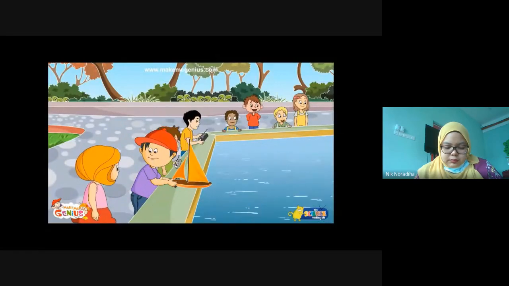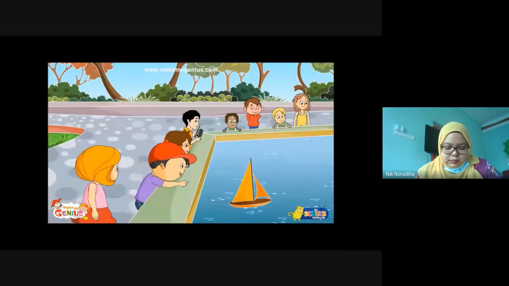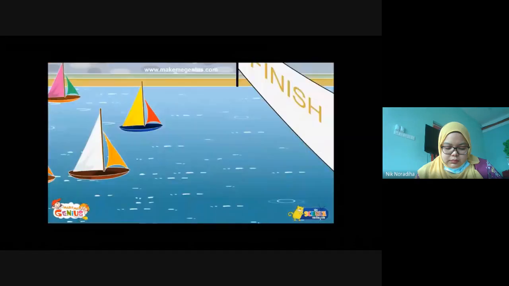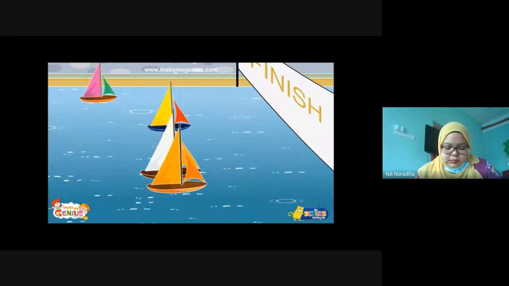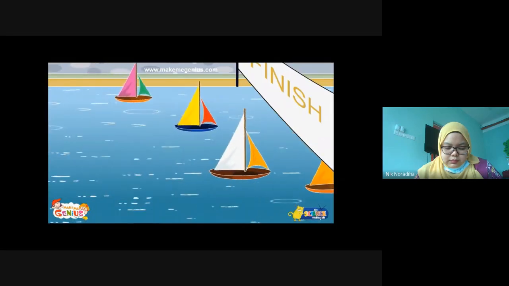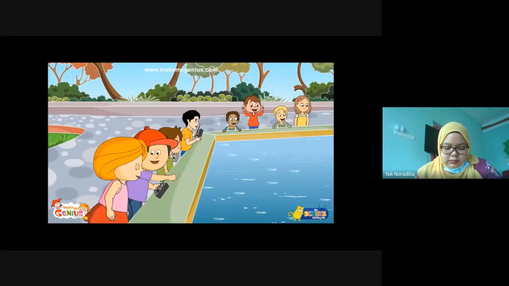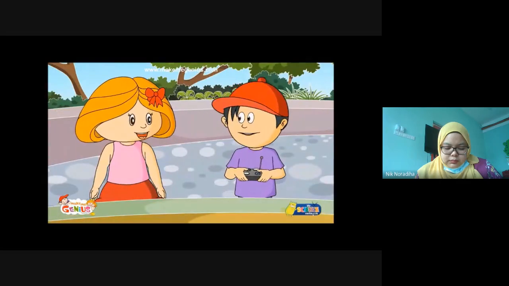Only if it doesn't have any holes, it will float. See, it floats. My boat crossed the finish line first. Yes. Now let's pick up our boat and go home.